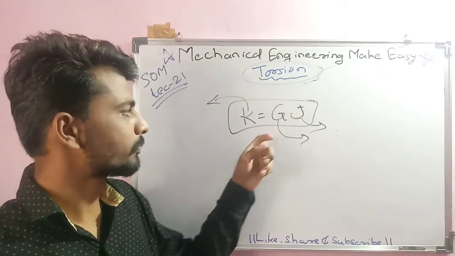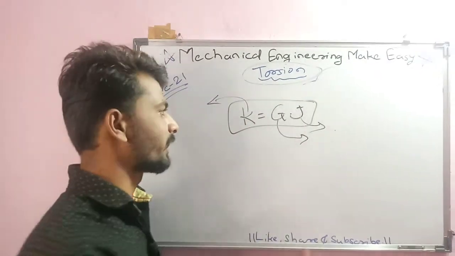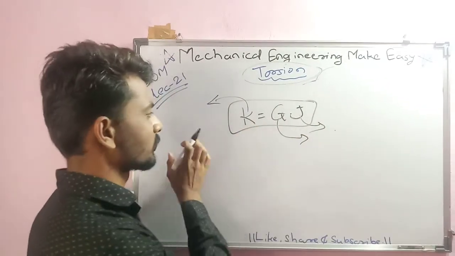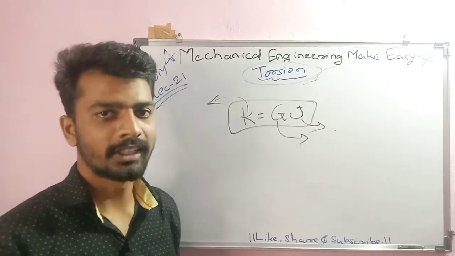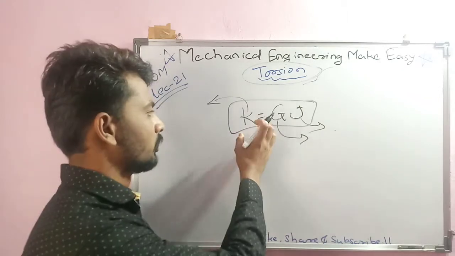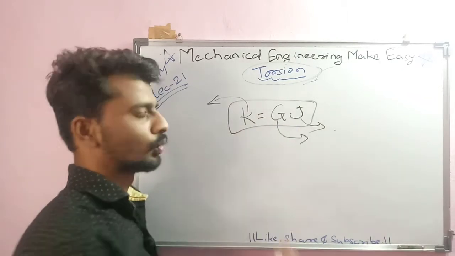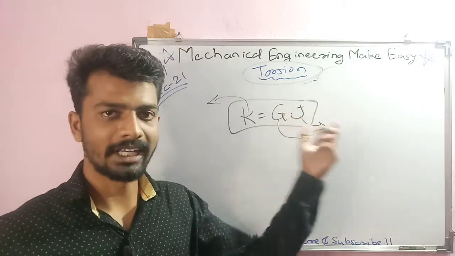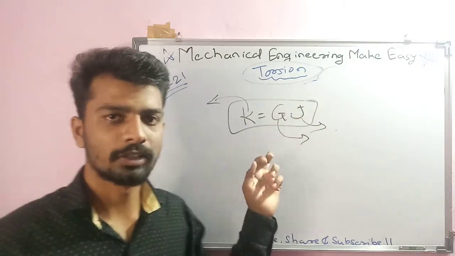Note down this formula. This formula is also very important while solving numericals. You may be asked to calculate torsional rigidity, or they will give the torsional rigidity and ask you to calculate any other parameter like J or G. So for that this formula is also very important.